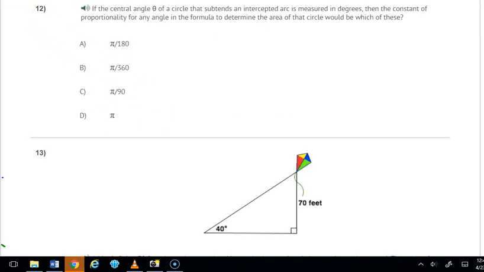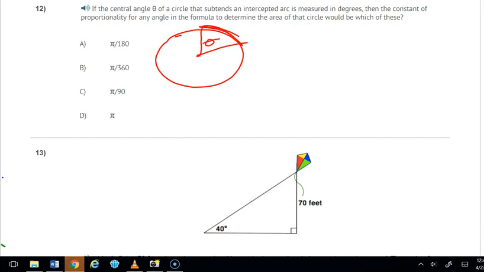Number 12 says if the central angle theta of a circle that subtends an intercepted arc is measured in degrees, then the constant of proportionality for any angle in the formula to determine the area of that circle would be which of these? Okay, so this is like talking about a central angle here, and it's being subtended by this.